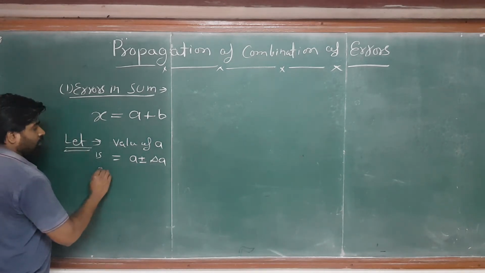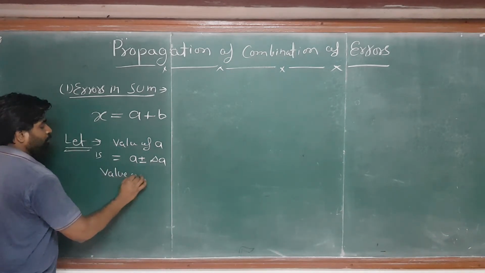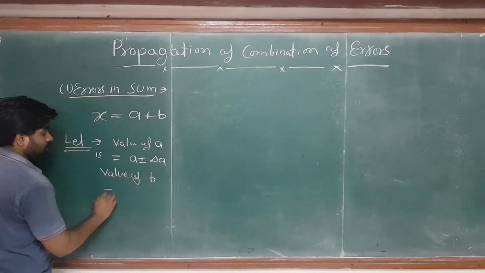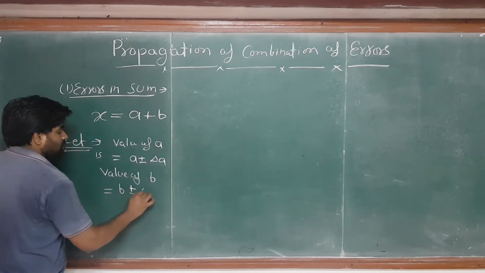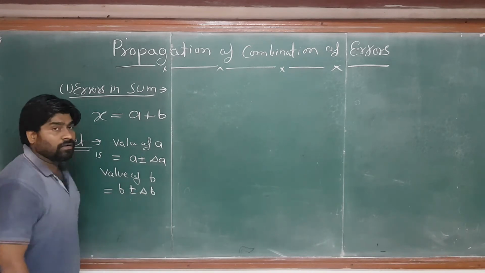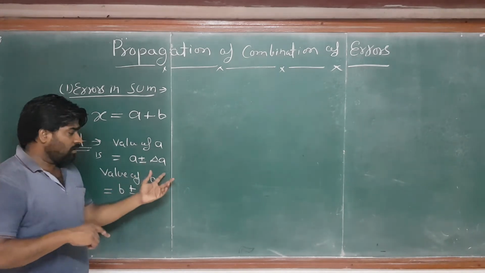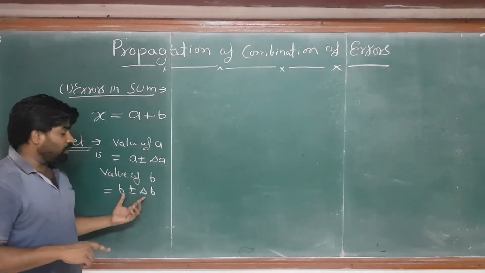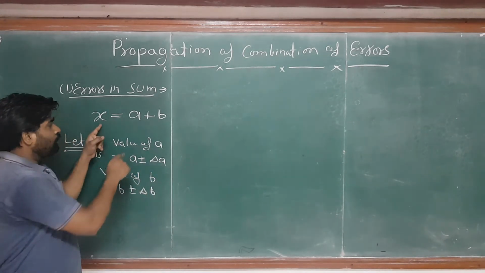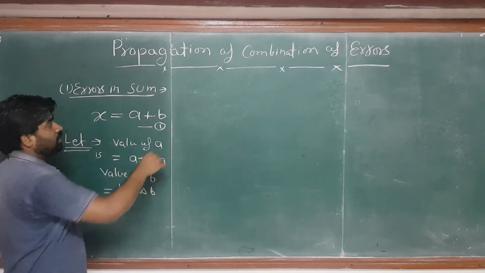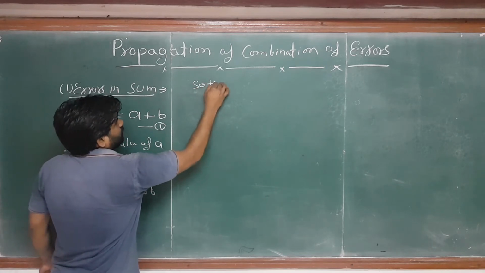Similarly, the value of b which comes after the calculation including the errors is b plus minus del b, right? So this is the calculation of a with error, and this is the calculation of b with its error. If I want to find the third result for x, I have to add these.